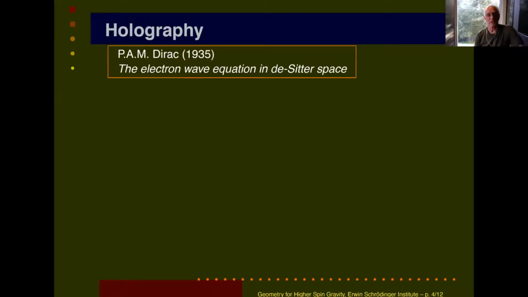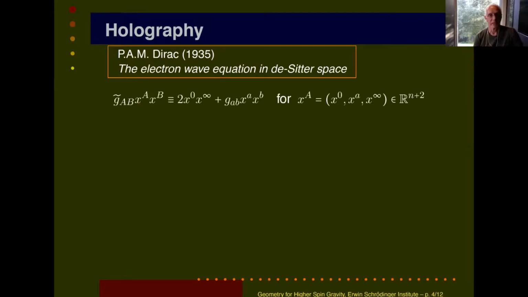He's actually looking at the wave equation in de Sitter space, but it will turn out that we change the signature a little bit, it doesn't really matter. Here I've written down the Lorentzian metric. Now I've chosen slightly peculiar coordinates, but in a block matrix, this would have an identity matrix in the middle block, 1 in the top right-hand corner, and 1 in the bottom left-hand corner.